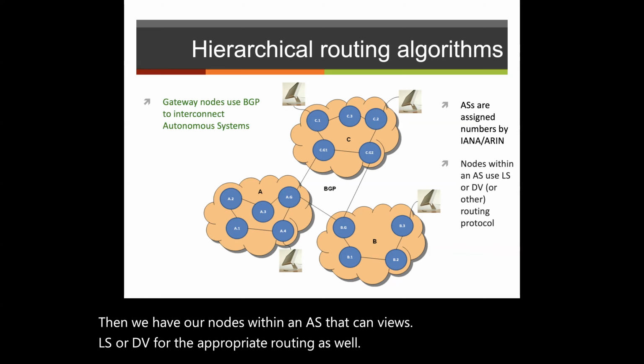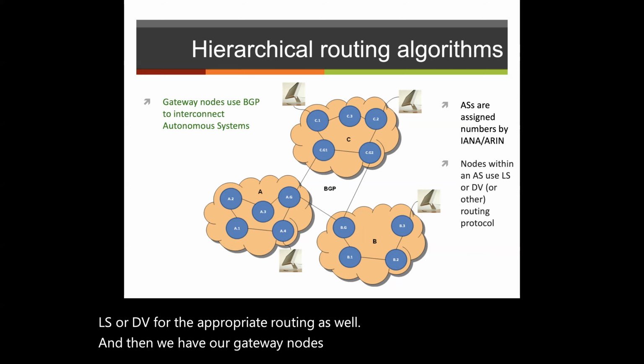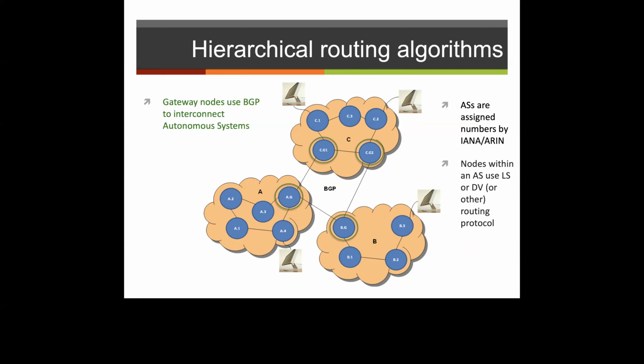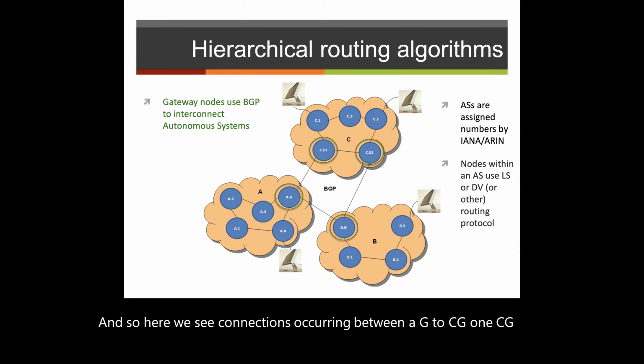And then we have our gateway nodes that are using border gateway protocols to interconnect the autonomous systems together. So here we see connections occurring between AG to CG1, CG2, and BG.